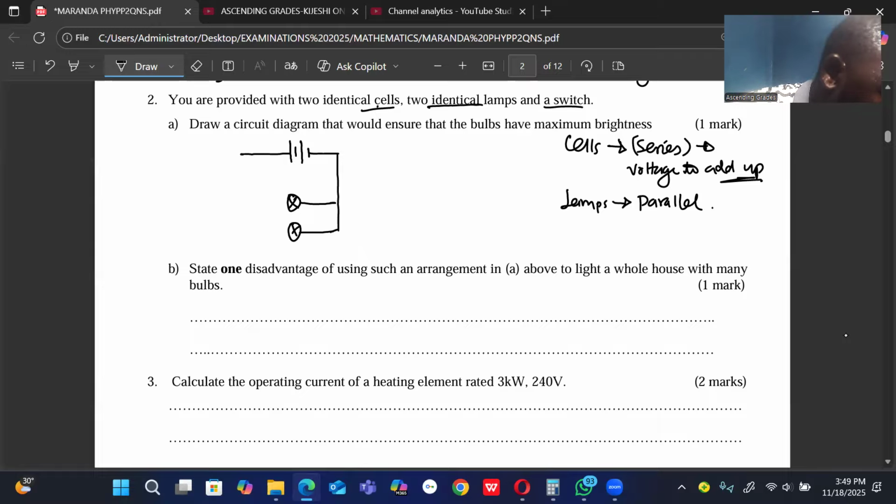Then remember we are supposed to give a place for the switch. So that becomes my switch. Avoid using freehand. So these are the cells and these are the lamps.